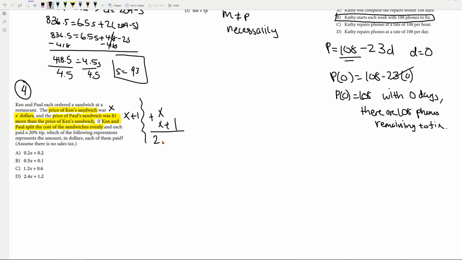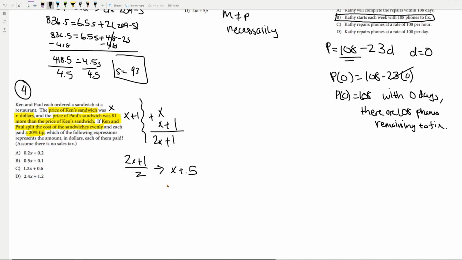So now we add those two together, X plus X plus 1, and we get 2X plus 1. Now, they split the cost of the sandwiches evenly, so we just divide that by 2 in order to calculate how much each person paid for the meal. And then we get 1X plus 0.5.